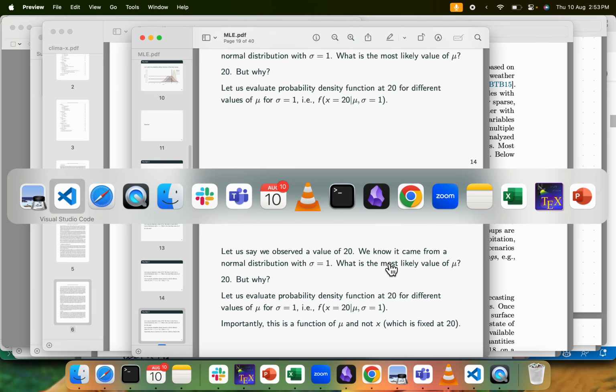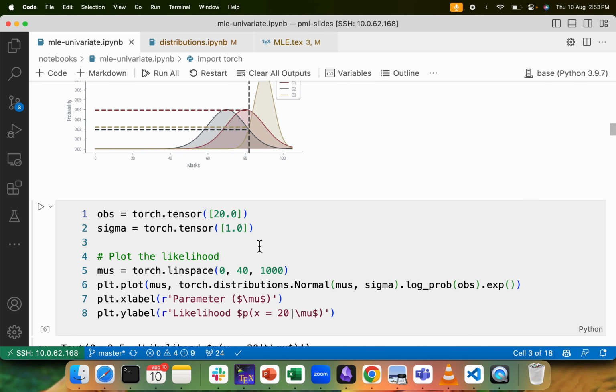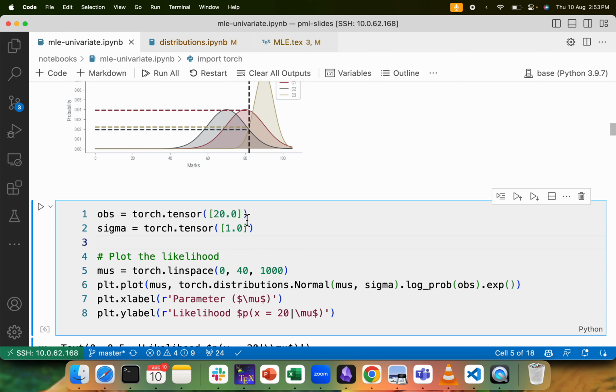We can then go to the notebook and try and visualize this. Our observation is 20, sigma is 1, and I get the different mu's. I consider all the possible mu's which could have given me the data, let's say the feasibility set of mu's is between 0 and 40, and I've taken 1000 points for that.